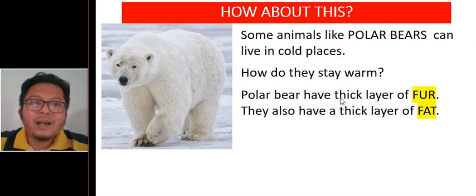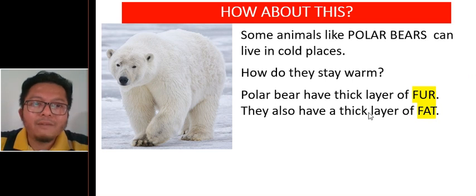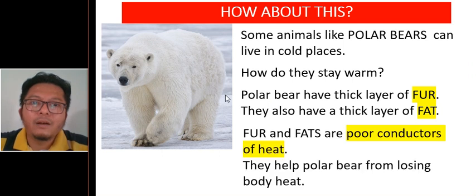Polar bears have a thick layer of fur. Body covering, fur. They also have a thick layer of fat. They have fat. They have fur. Fur and fat are poor conductors of heat. They help the polar bear from losing body heat.